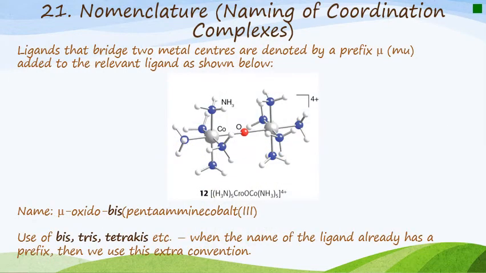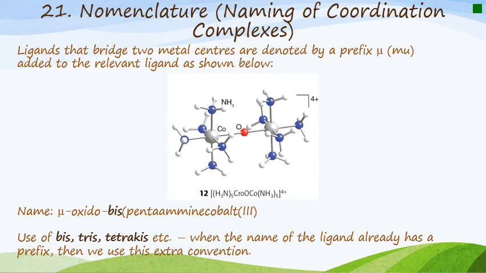A last little bit of theory for you is that sometimes we have elements that will bridge 2 metal centers, and there's a way to deal with those. They are denoted by a prefix called mu, and if you have a look at this one, it gets named before anything else.